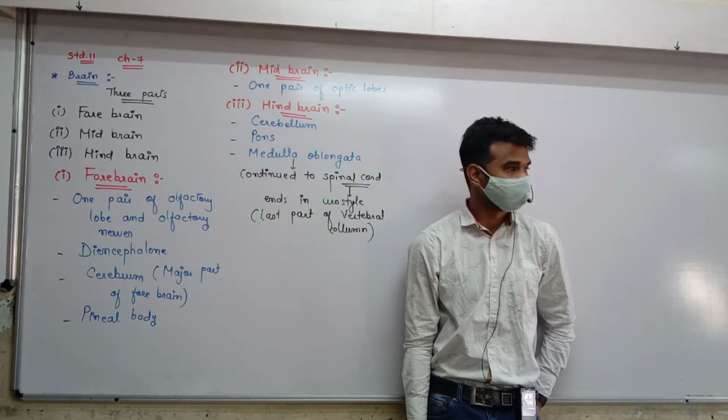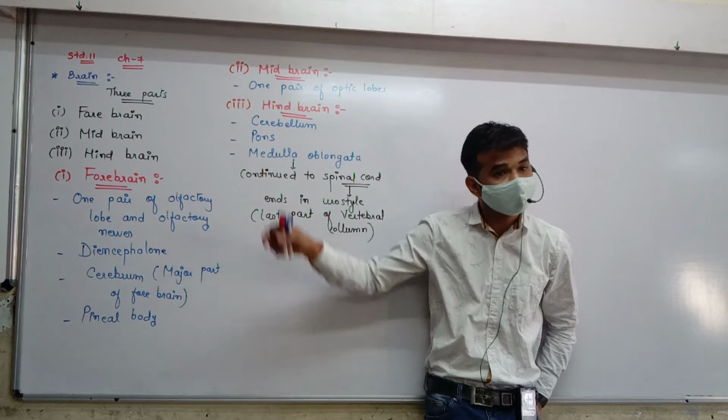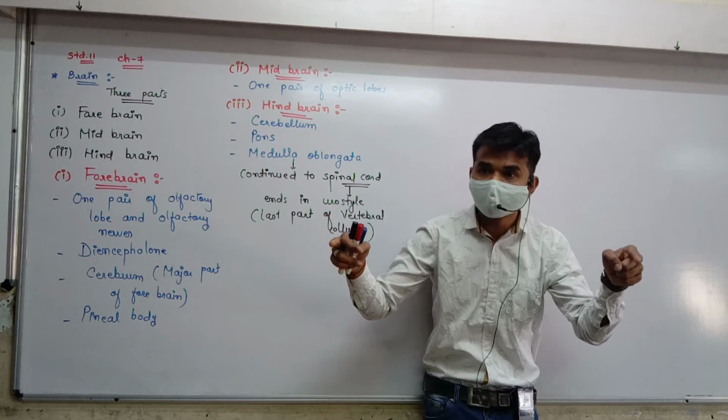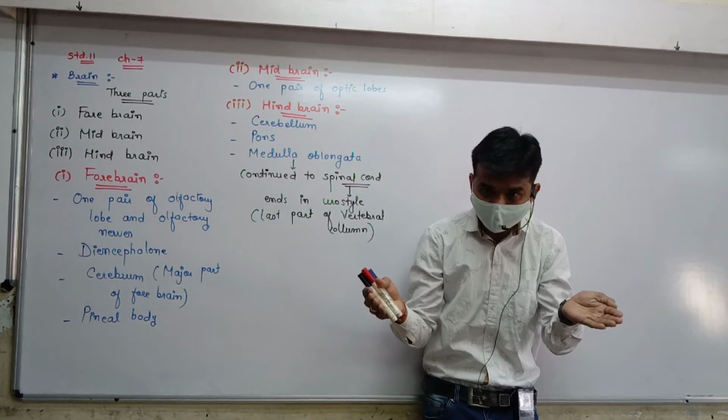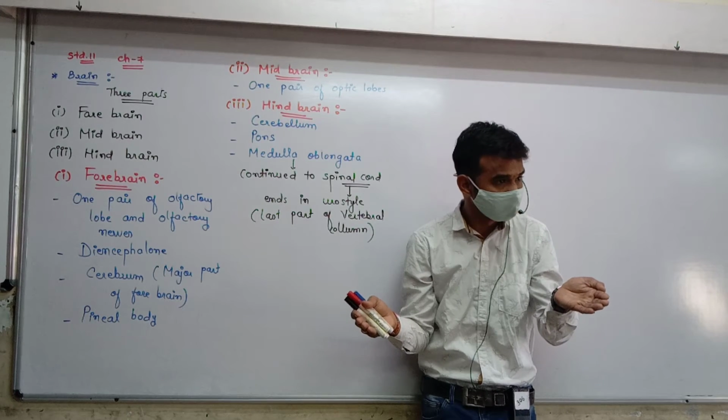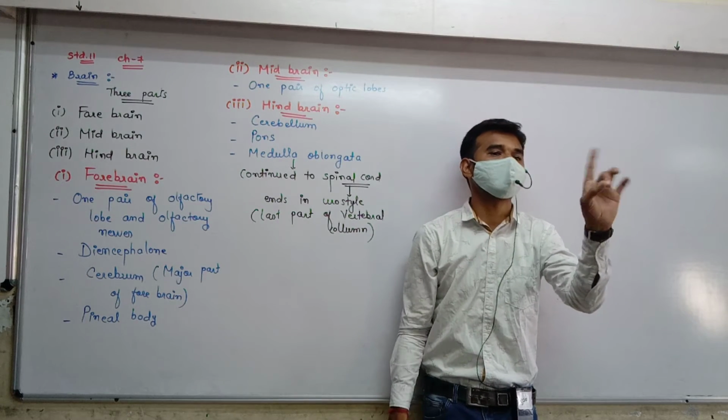And here in the frog, the cerebrum is divided into two cerebral hemispheres. Yes, two halves are there in the cerebrum, but the corpus callosum is absent.